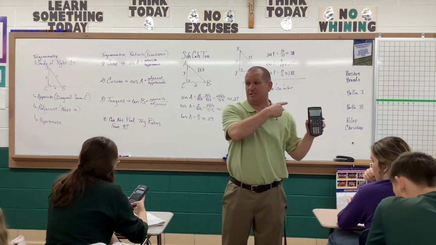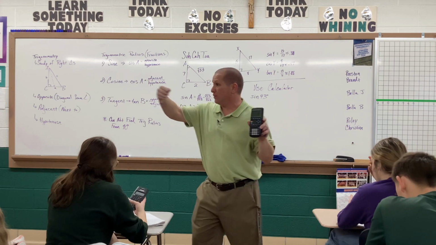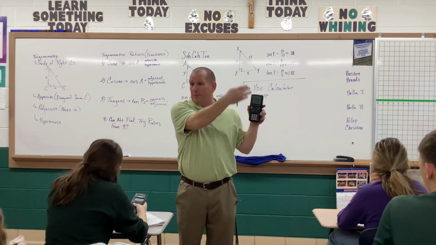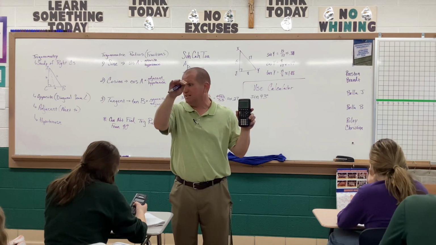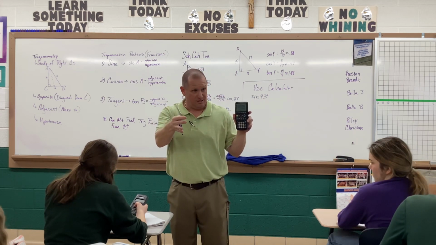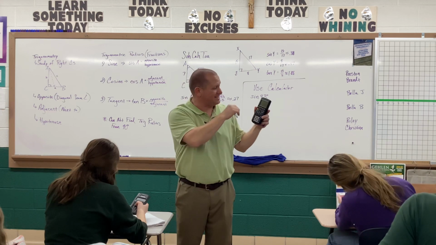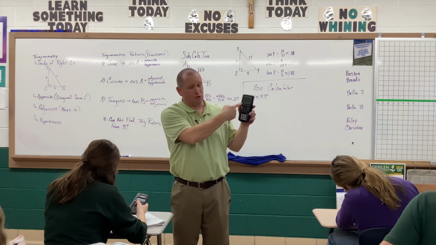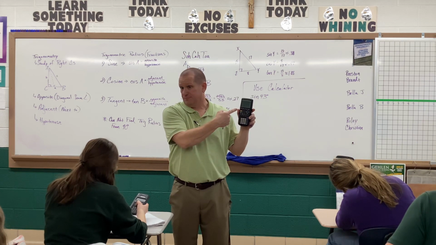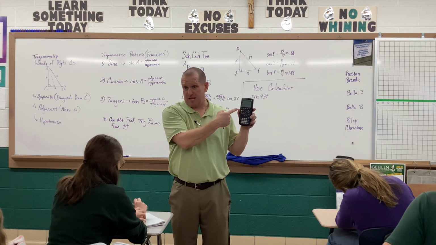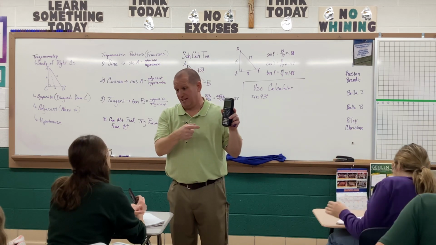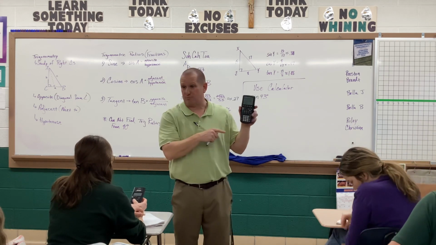Because in some of the problems we're going to work on, there's more to the problem. If you leave that open and then write times 27, for instance, it's not going to take the sine of 43 and then multiply it by 27 unless you close the parenthesis off. Does that make sense?